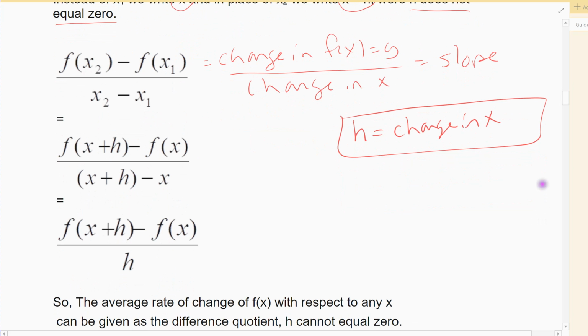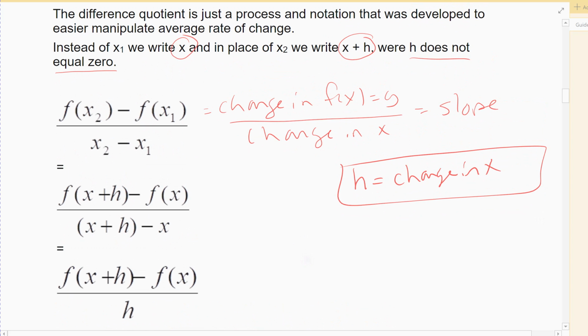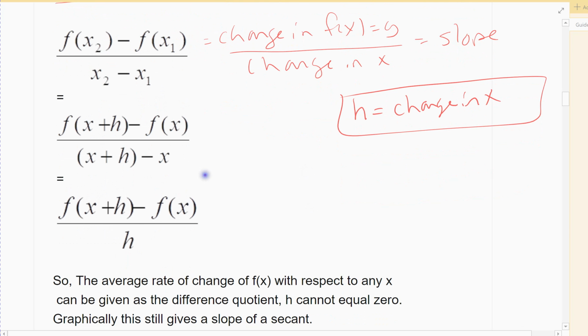And so when we do that, we're just replacing x1 with x, and x2 with x plus h, the change in x, and then we simplify. Up top has to stay the same, there's no simplifying there. f of x plus h, because I replaced x2 with x plus h, and then this is just f of x in general. In the bottom, though, we can simplify. This x can cancel with this x, and here we get the difference quotient.